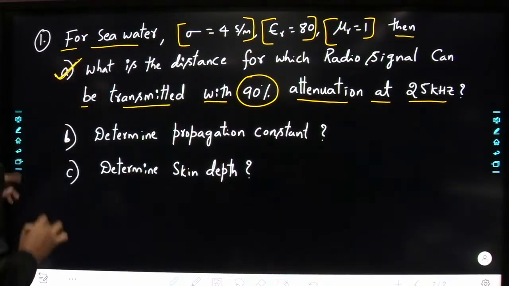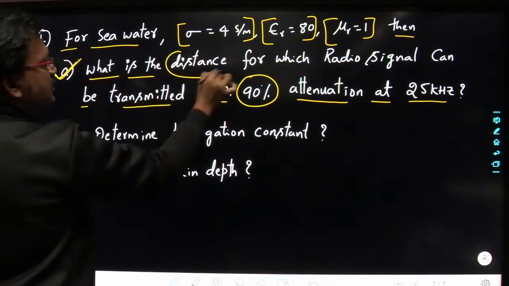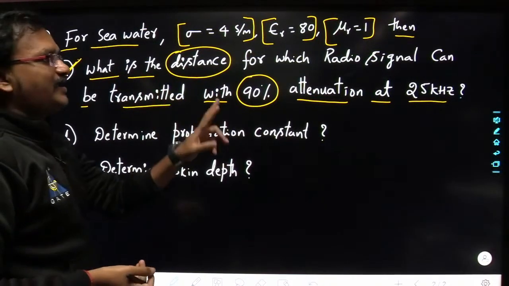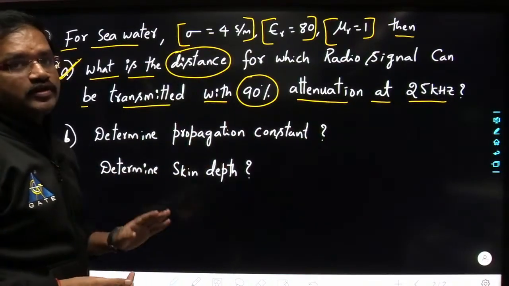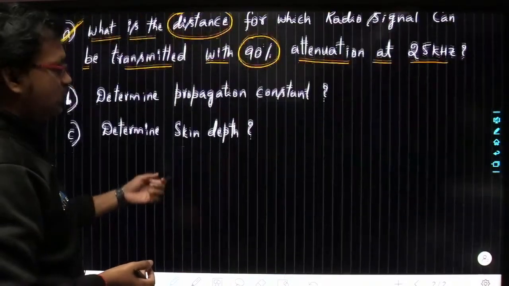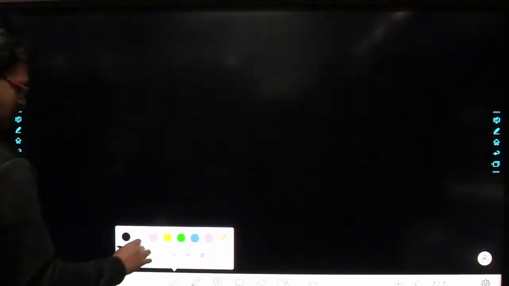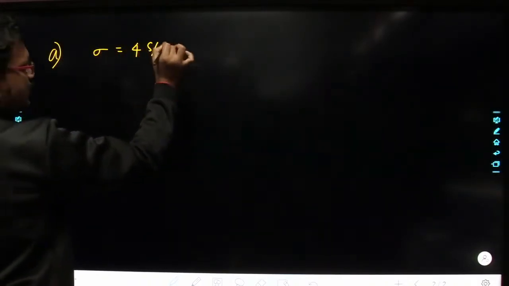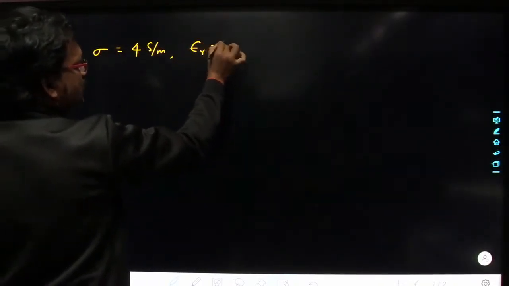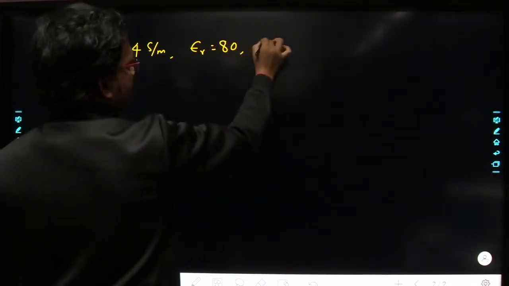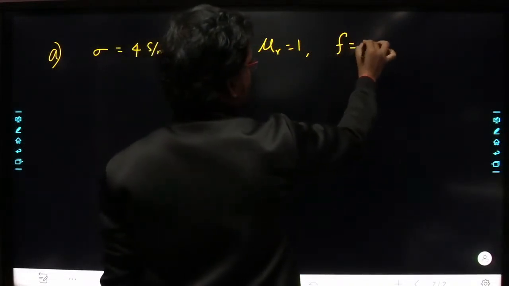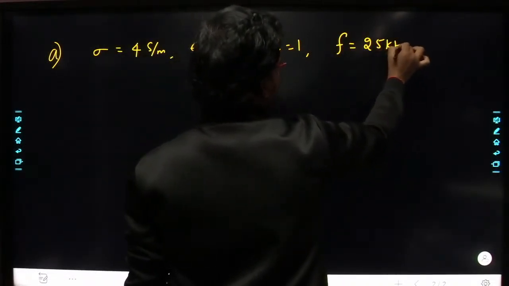What is the distance for which a radio signal can be transmitted with 90% attenuation at 25 kHz? They have given conductivity equal to 4 7 per meter, epsilon r equal to 80, mu r equal to 1, and frequency f equal to 25 kilohertz.